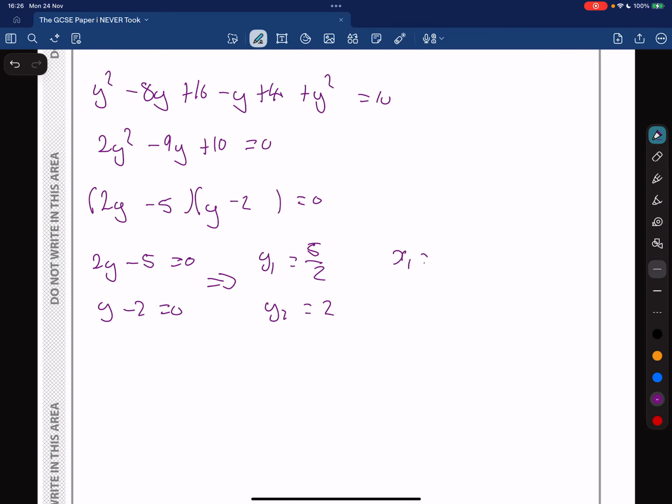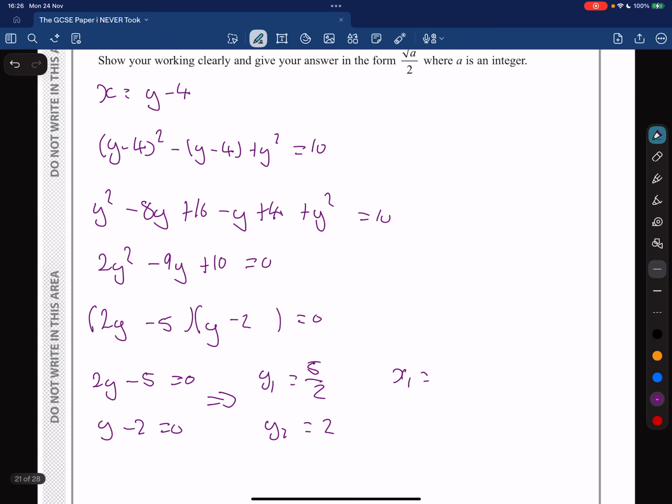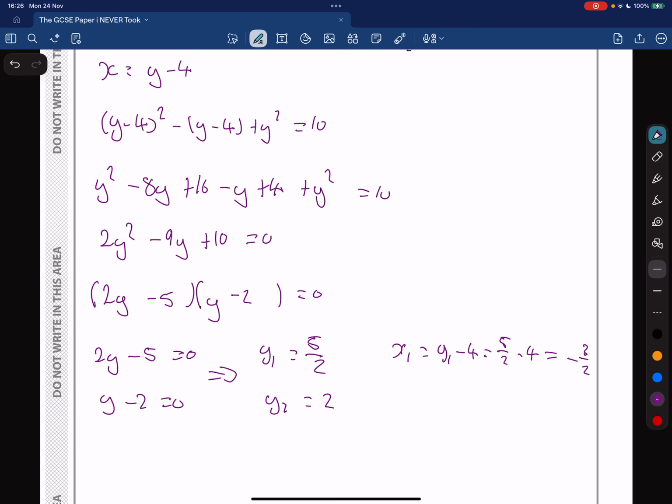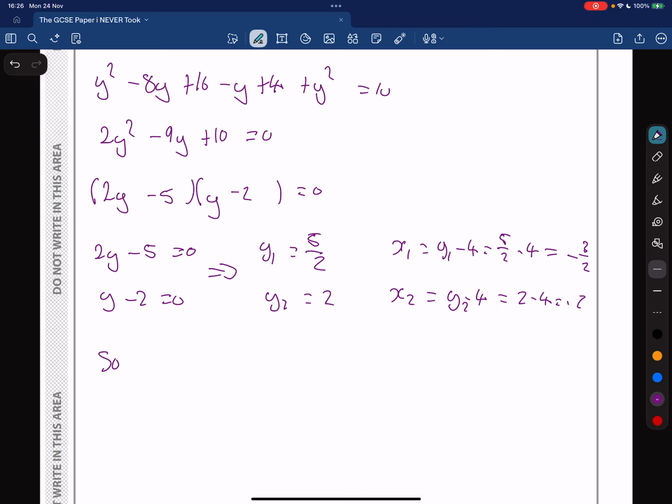So x1 is equal to y1 minus 4, which is 5 over 2 minus 4, which is equal to minus 3 over 2. And then we've got x2 is equal to y2 minus 4, which is 2 minus 4, which is equal to minus 2. So then we've got our solutions.